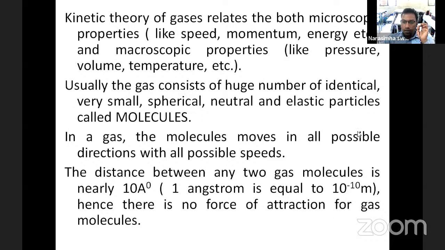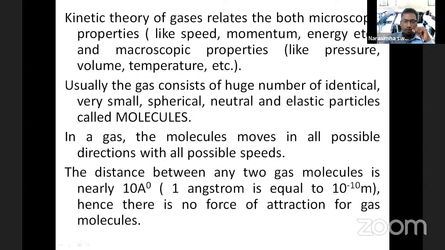So here comes the distance between any two gas molecules. In the gas molecules that we discussed, there is strictly no interaction, meaning they will move in different directions. The distance between the molecules or particles is very huge, so there will be no interaction, and that's why you cannot see the shape of the gas.